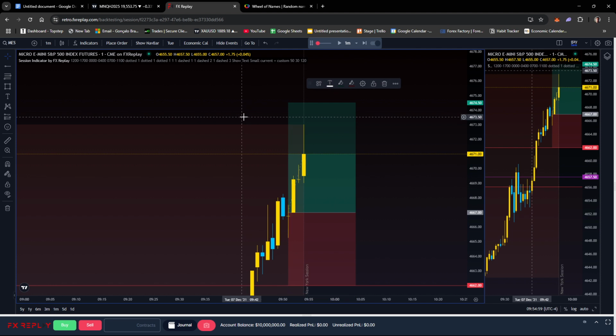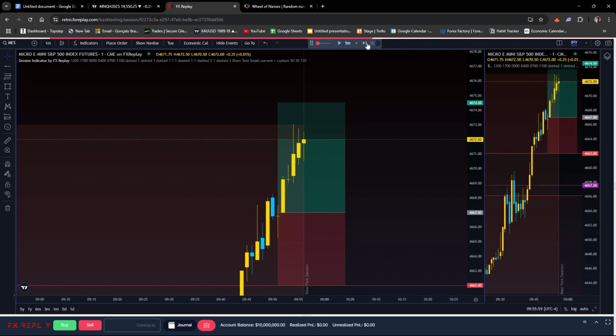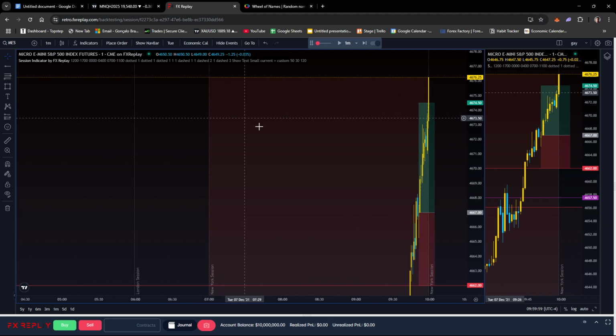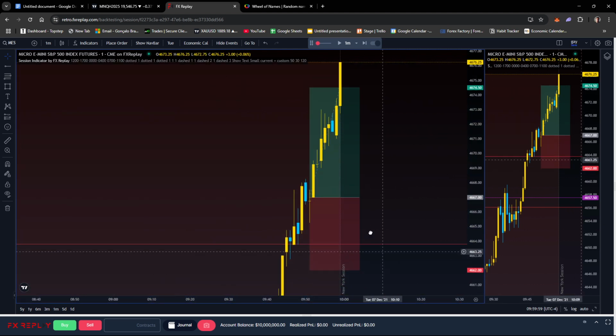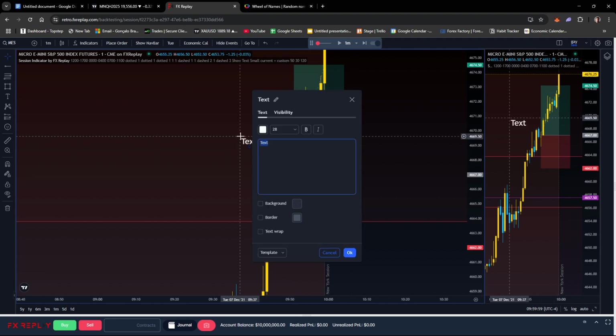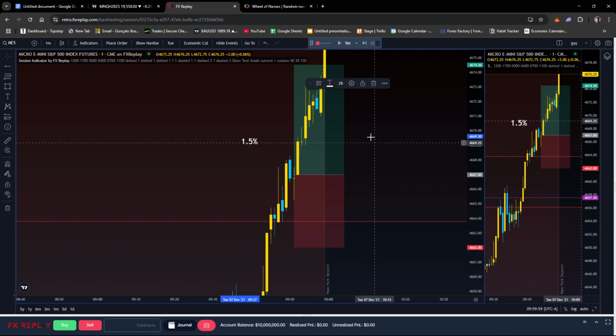Okay. Let's see if we can get a final TP. 1.5. There's no viable targets to the left. So taking a continuation trade here off the bullish fair value gap. It's another 1.5. Actually, for December, I would have never ever expected this.